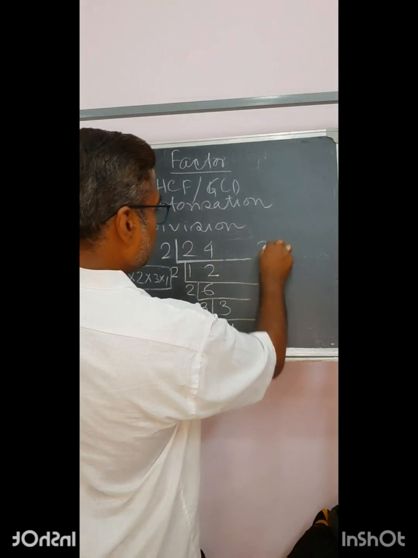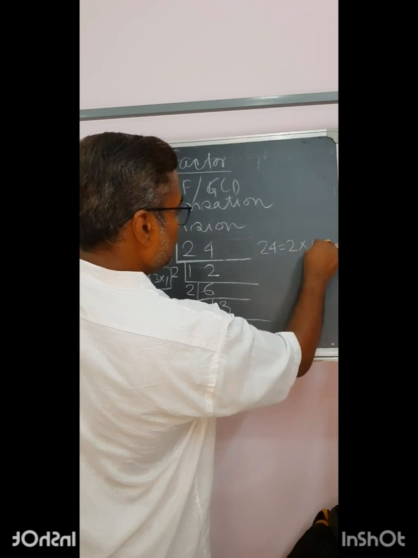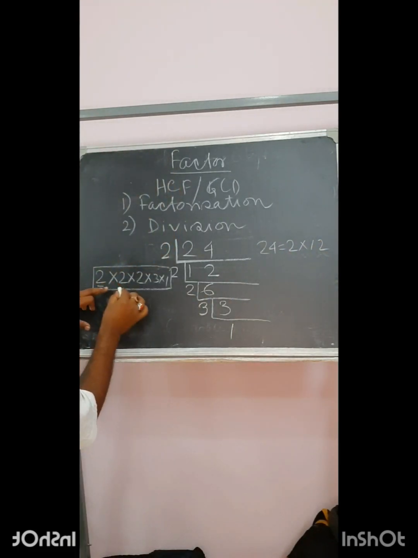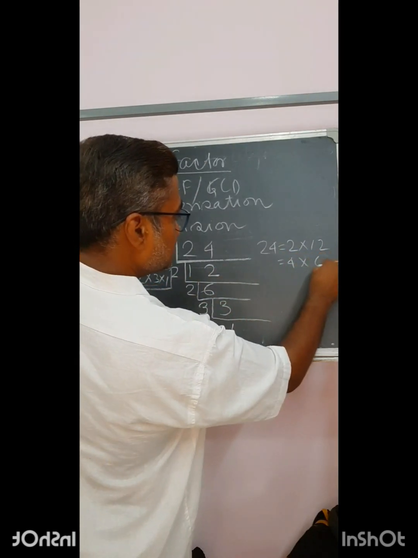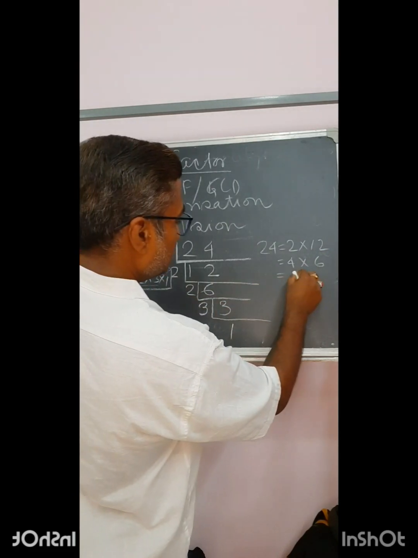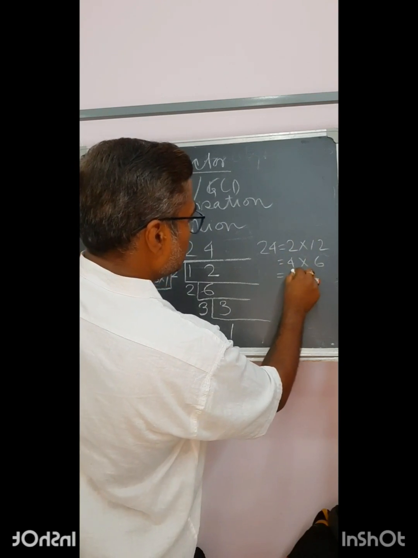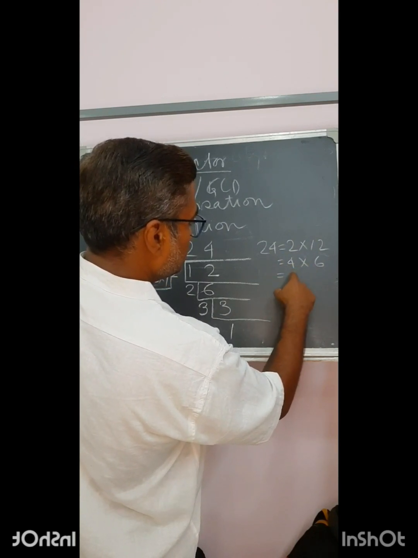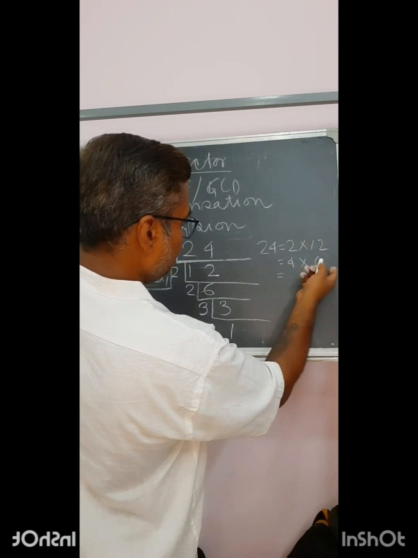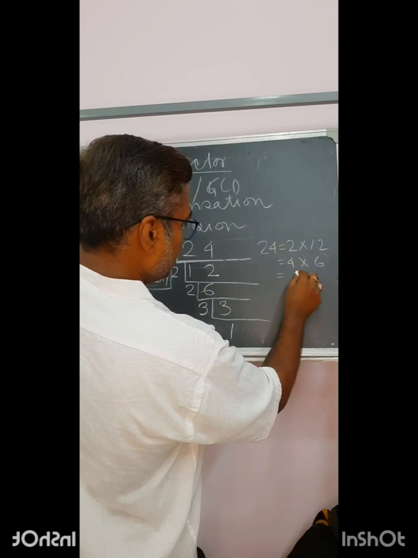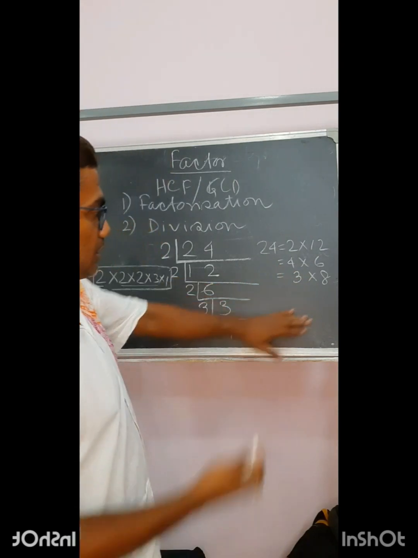So 24 can be obtained from 2 into 12, or 4 into 6, the same thing I get from here. The reverse of this is also possible, but I will show you one kind. The next is 6 into 4, and if I reverse it, 12 and 3 into 8. These are possible, and the opposite also.